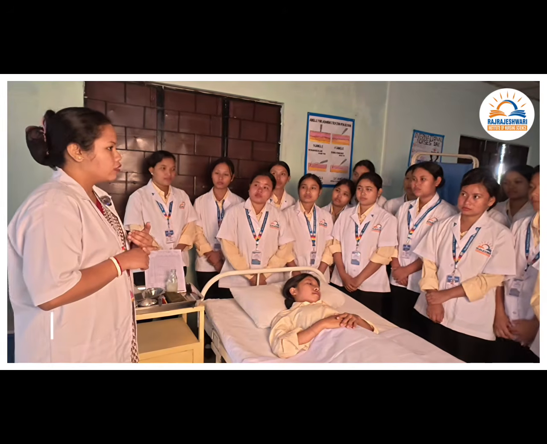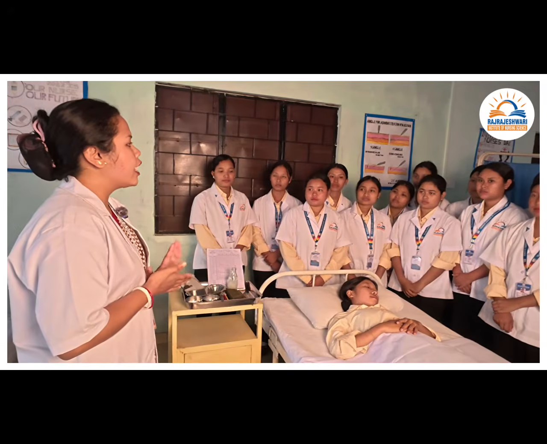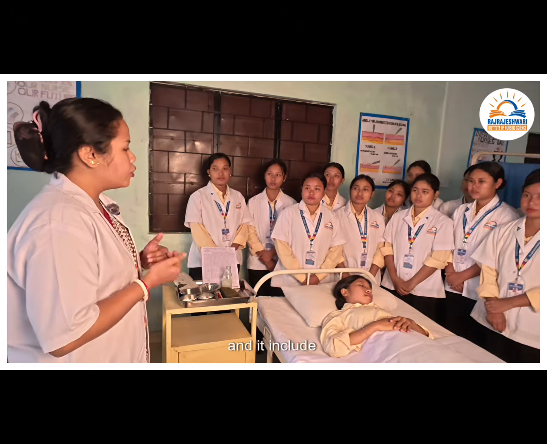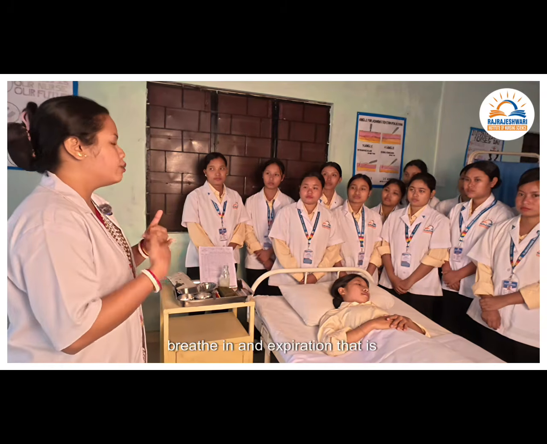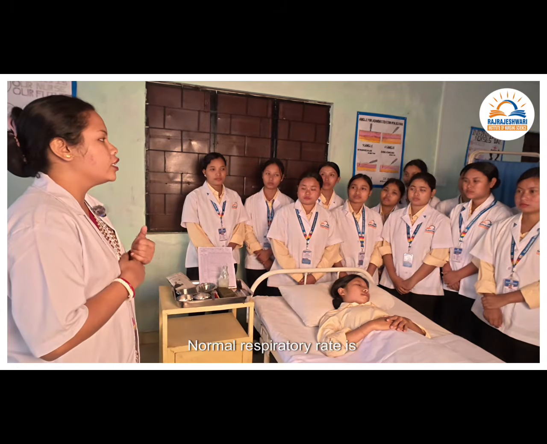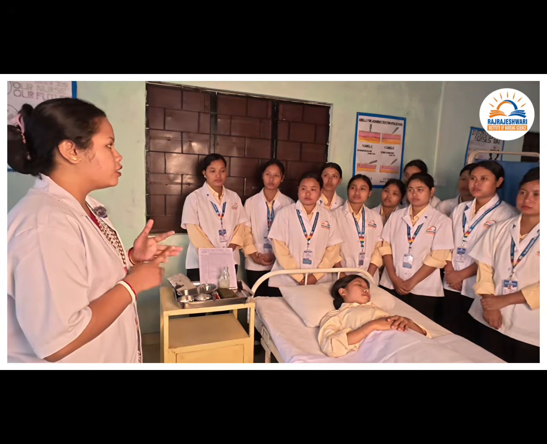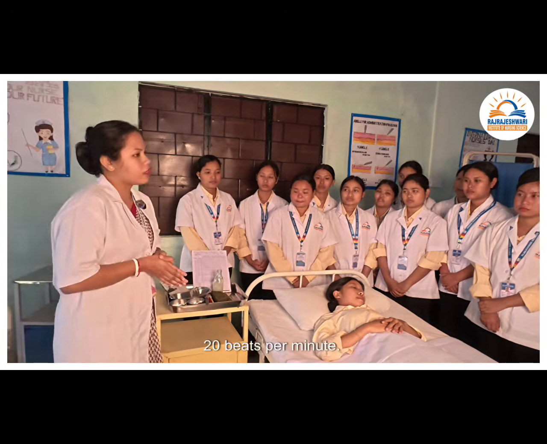Next, what is respiration? Respiration is the act of breathing, and it includes inspiration, that is breathing in, and expiration, that is breathing out. Normal respiratory rate is 16 to 20 breaths per minute.